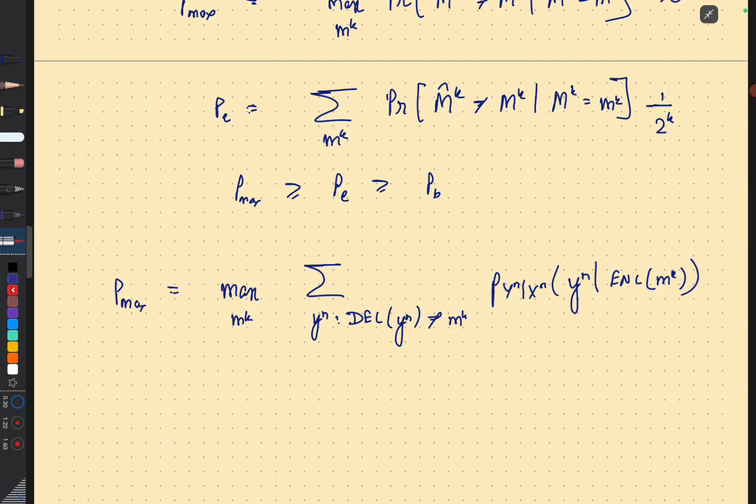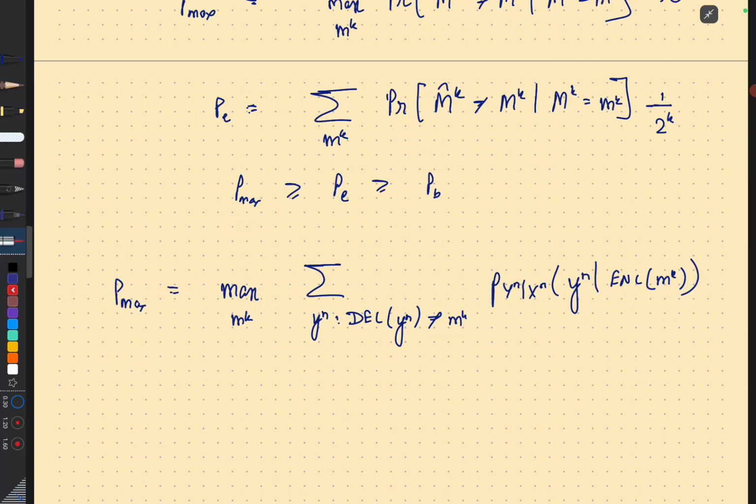In the interest of time, I won't go into it in too much detail. But as it turns out, what you can show is that if you can construct a code of a certain rate for which the average probability of error is small, then you can also construct a code for which the maximum probability of error is small. You can do that by throwing away some of the code words. If there are some code words which are very close to each other, then you throw away some of them so that there are no code words close to each other.